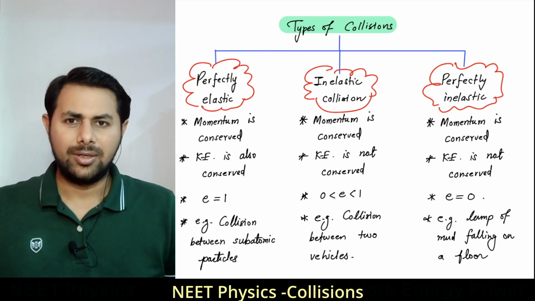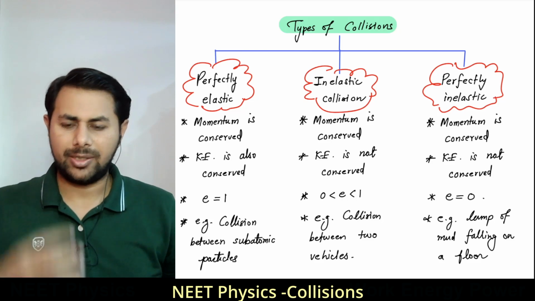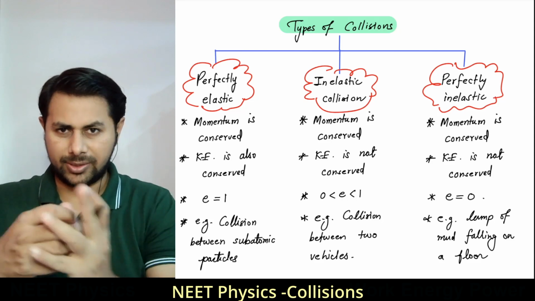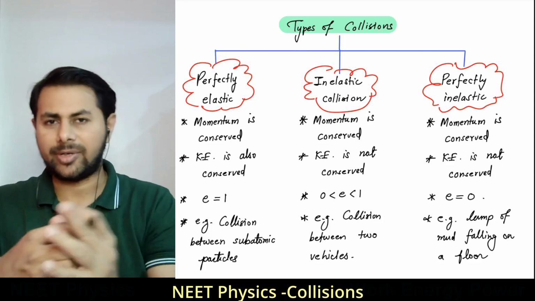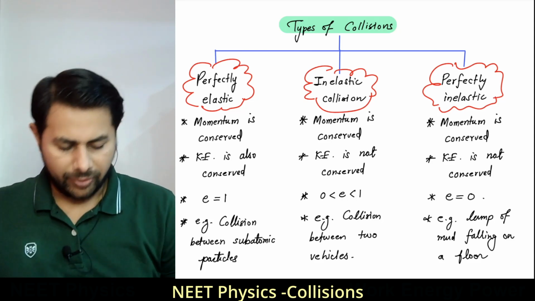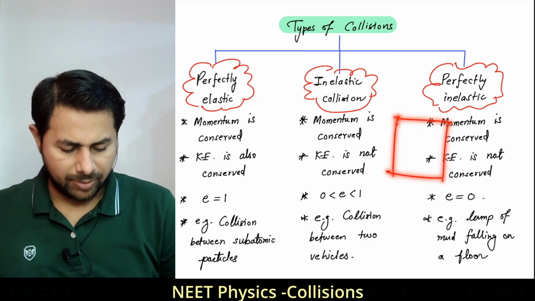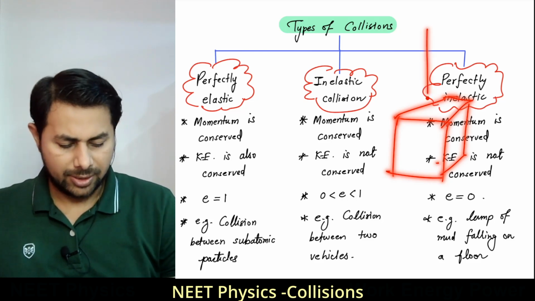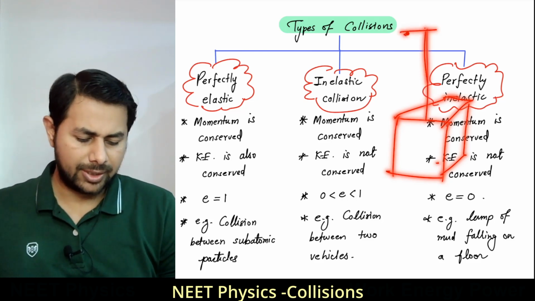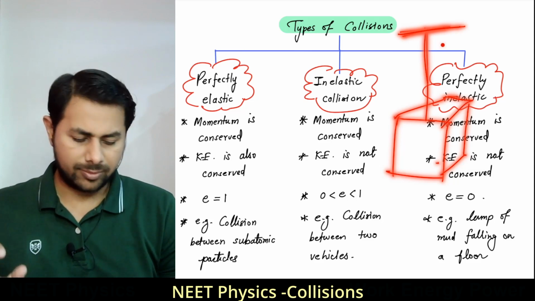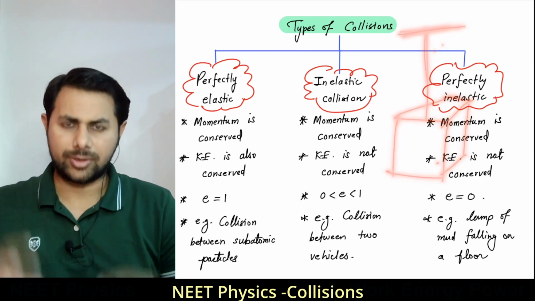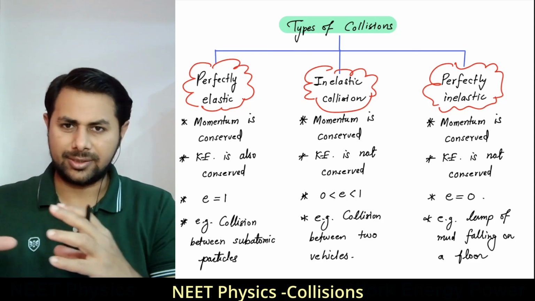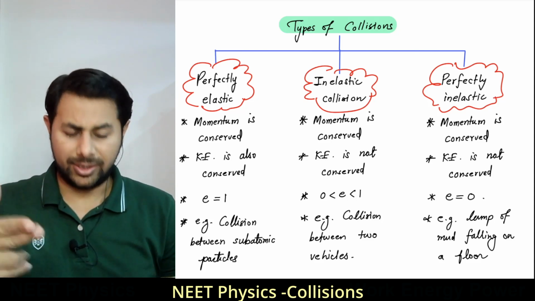Suppose, for example, one body is moving in this direction and another body follows and hits the first body. Suppose there is a wooden block hung from a rigid support, and it is oscillating like this, and you fire a bullet.